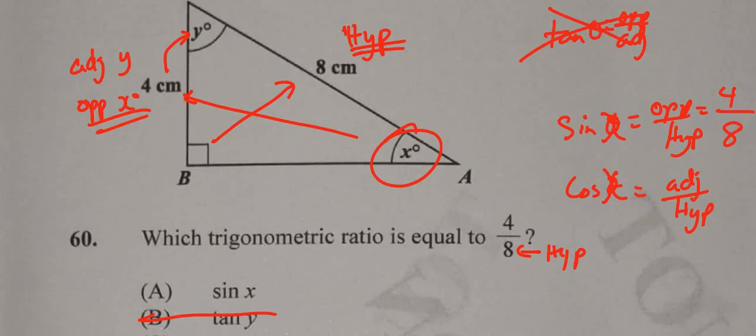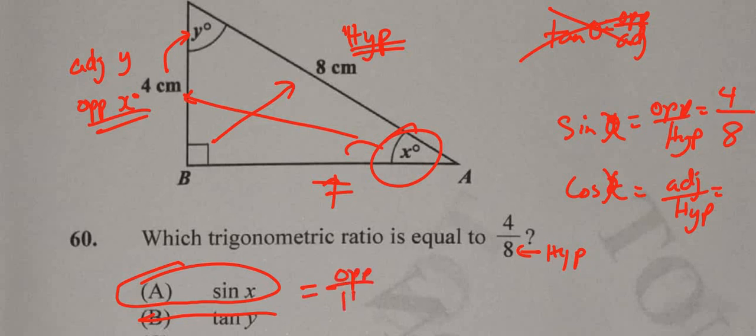Let's see what cosine would have been. Cosine is adjacent over hypotenuse, and the adjacent of x would be this side that was not given. So sine x is the answer. Remember again, it's opposite over hypotenuse: opposite x is 4, and the hypotenuse is 8.